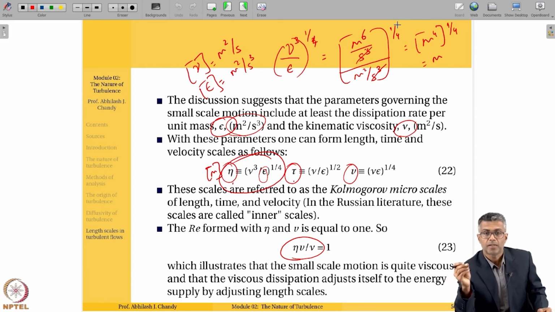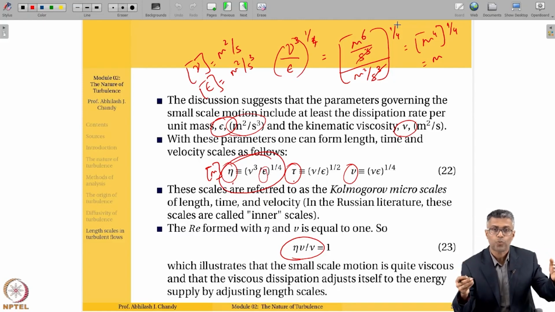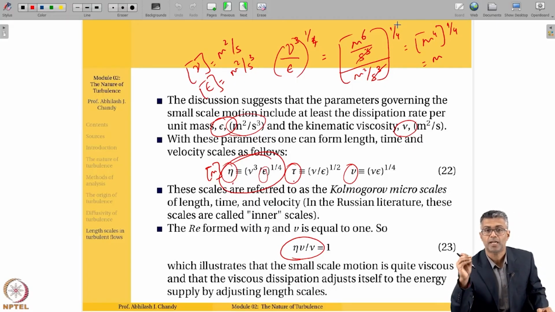In that case, you can say that the rate at which energy is supplied from the large scales to the small scales is equal to the rate at which it gets dissipated.